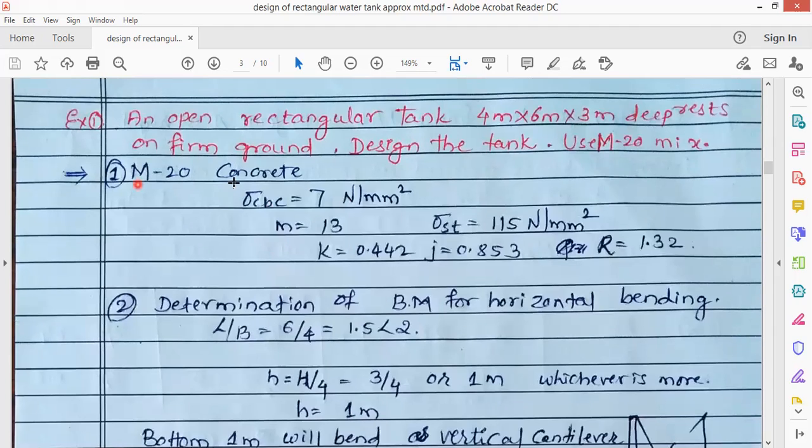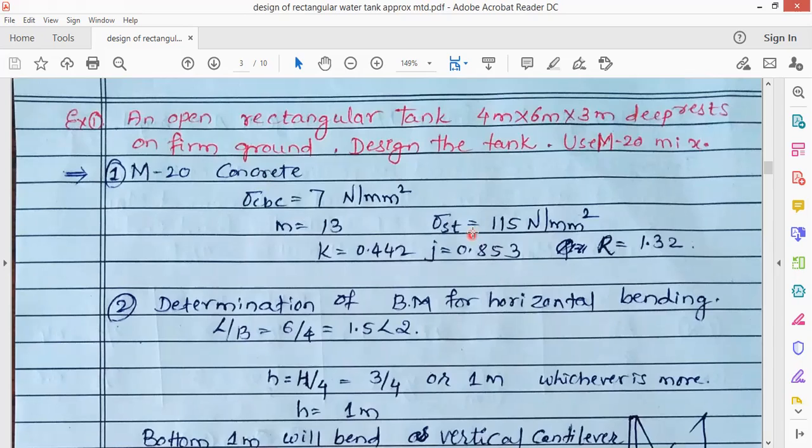So first I have M20 grade of concrete, with the properties sigma_cb is 7 Newton per mm square. So I can find the modular ratio m, it is 13. We have already calculated these in the initial steps also, or else you can obtain it from the working stress method.